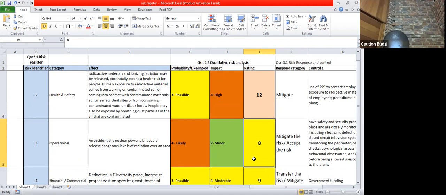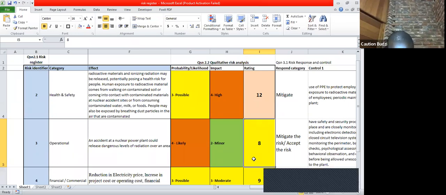Operational: the probability is likely that an accident can occur, or maybe some operating issues, accidents and the like. The impact will be minor, so the rating is 8.